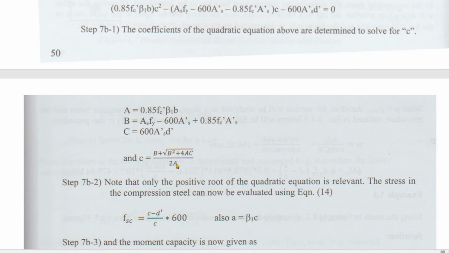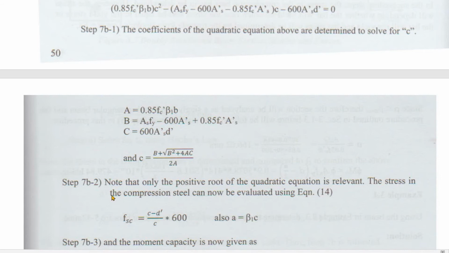And then the capital C, ano? Hindi to yung location ng neutral axis, hindi rin ito compression force or anything whatsoever. This is simply equal to 600 times the compression steel area multiplied by the prime.